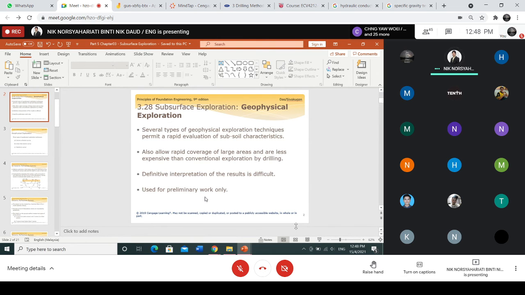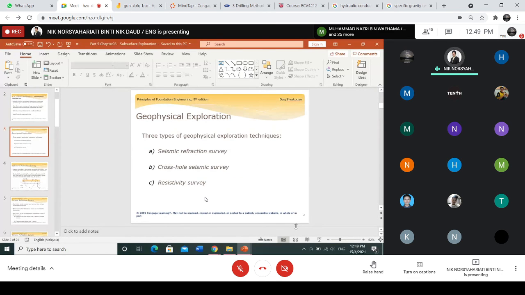Right. So for this one, because it is some sort of non-destructive test, using a selective or special method, normally they use it as preliminary work, if needed, when they find there's a rock or there might be some soft rock, or some soft soil.